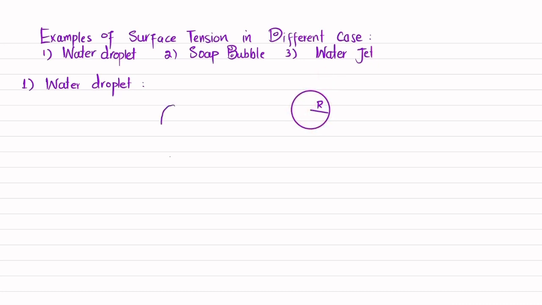So if you cut the half of this droplet, clear, and draw its diagram, it will look like this. This will be the radius of this droplet. There will be inside pressure which will be equal to Pi. Over the surface there will be a surface tension represented as sigma, and that will be acting on the circumference, clear.